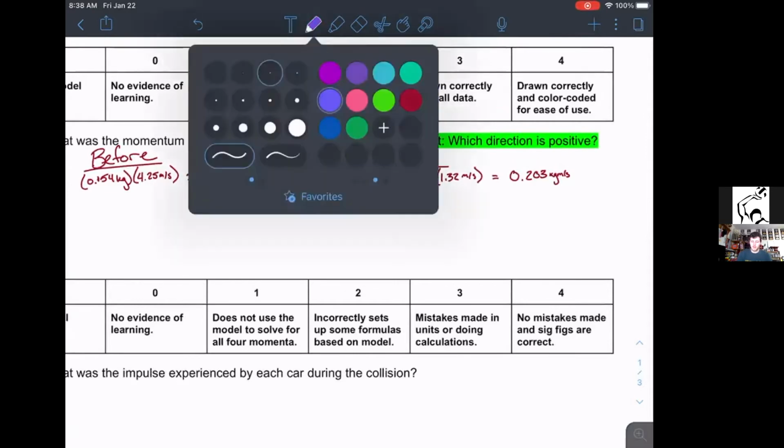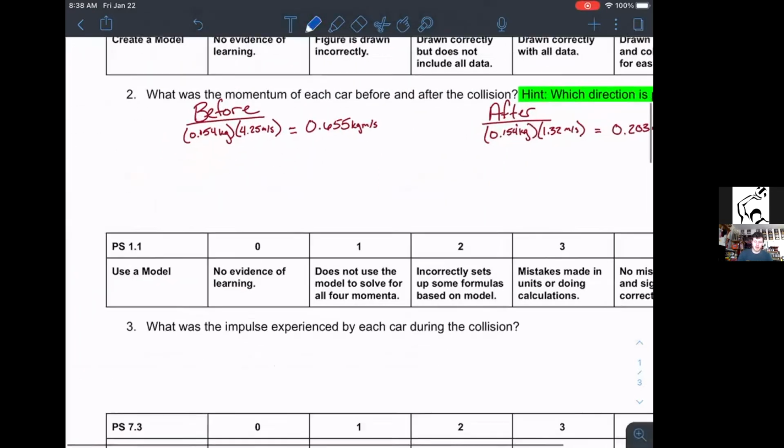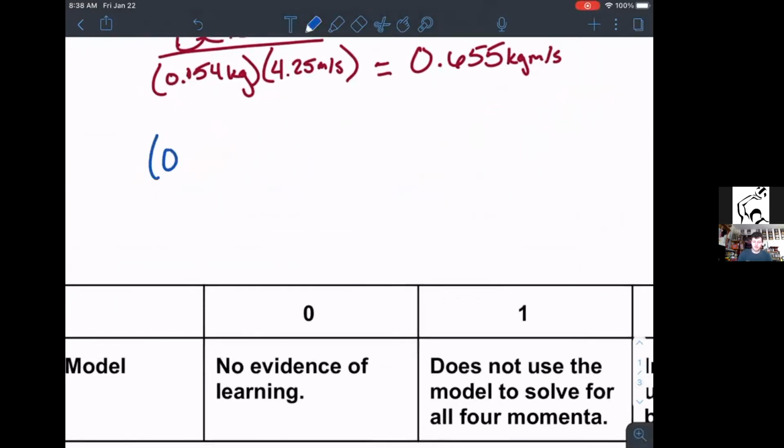Then we have our blue car, which has a mass of 0.0770 kilograms and an initial velocity of 0 meters per second, giving us a total initial momentum for that one of 0 kilogram meters per second.